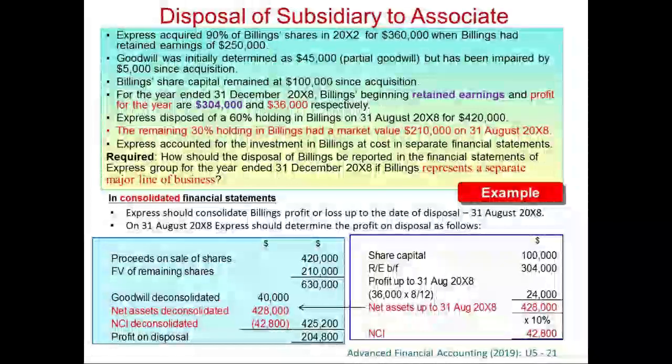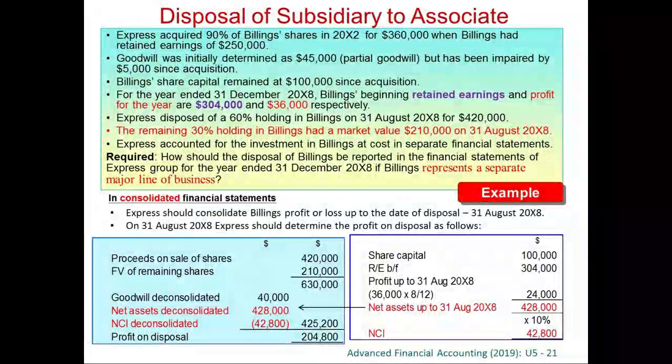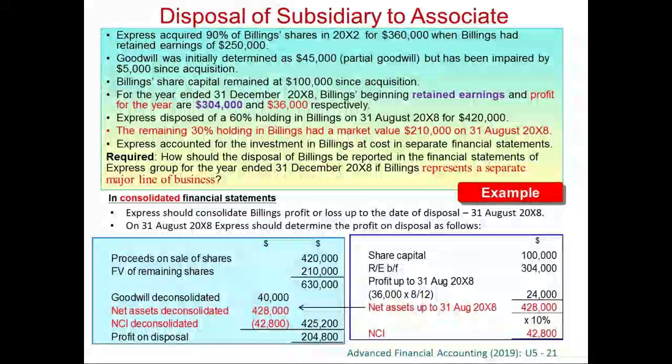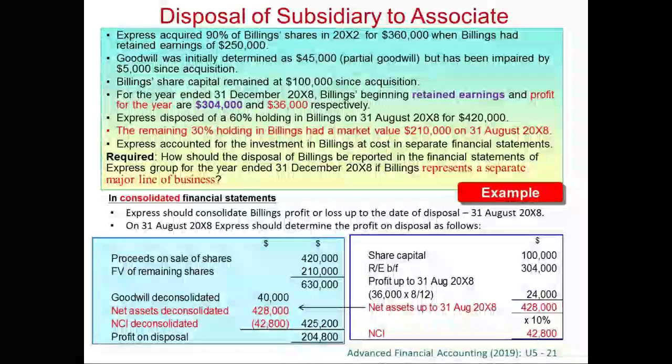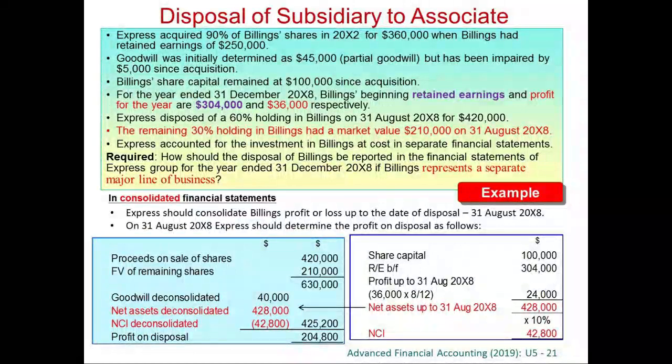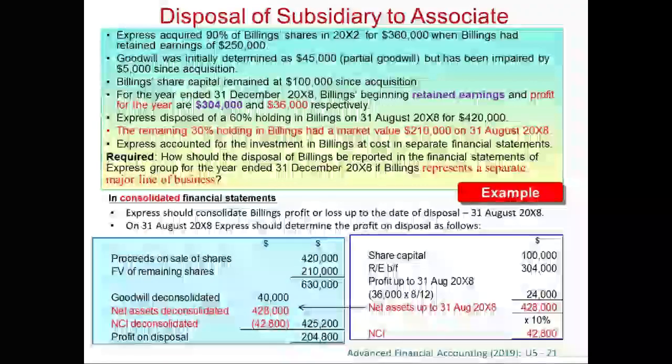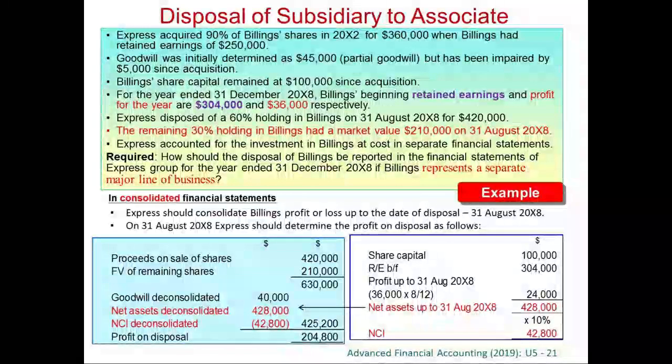On a net basis, this is what we lost. We no longer can consolidate the subsidiary. So the net assets increased by 630, but it reduced because of the disposal of the subsidiary. On a net basis, the gain on disposal is 204,800.